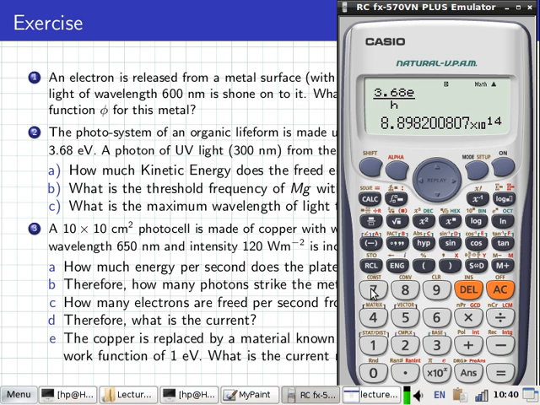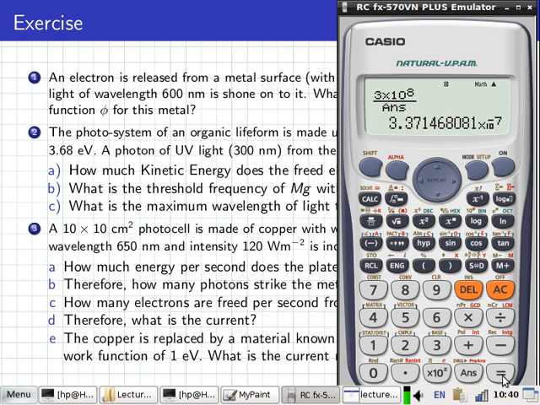A little bit different. And part C was a very sneaky way of asking you what is the threshold wavelength. In other words, what's the wavelength corresponding to this threshold frequency? That is, what is the maximum wavelength, because we're looking at a minimum frequency. So we just do C over the previous answer to make it a wavelength.